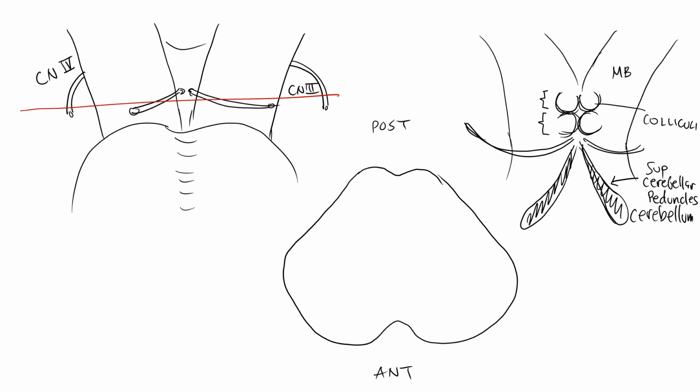Okay, let's clean this up and draw that cross section again. You have two hills, those would be your colliculi, and these would be your two pillars.